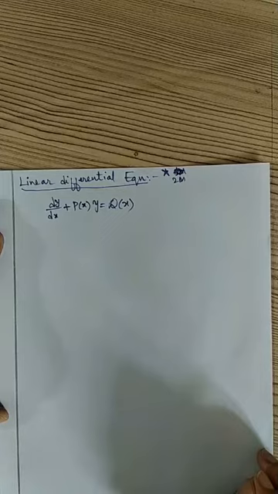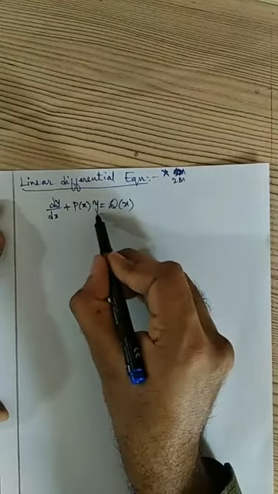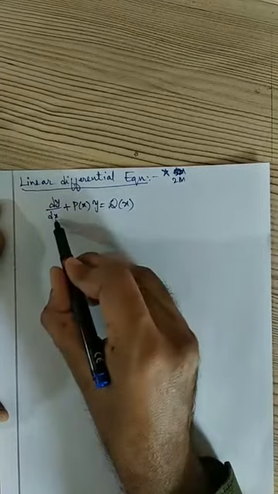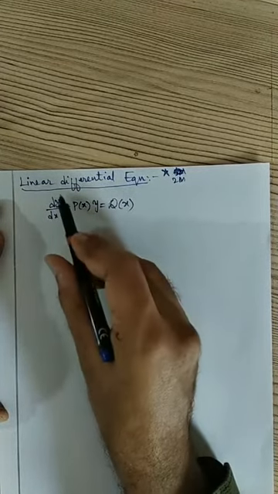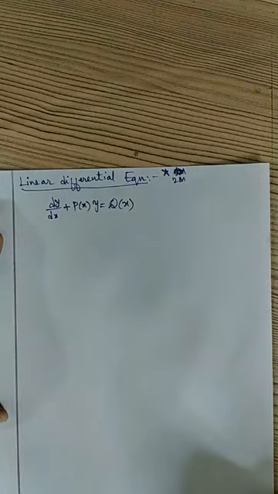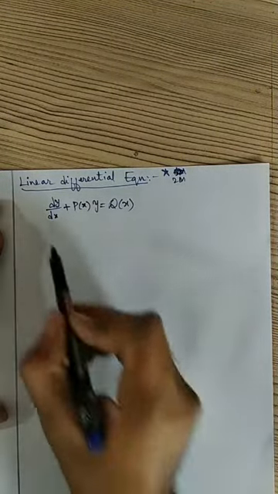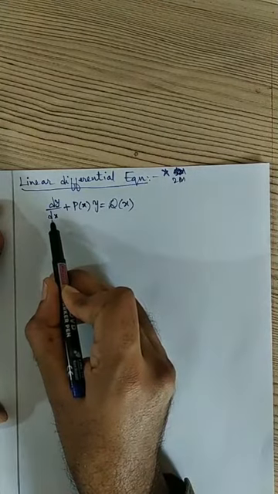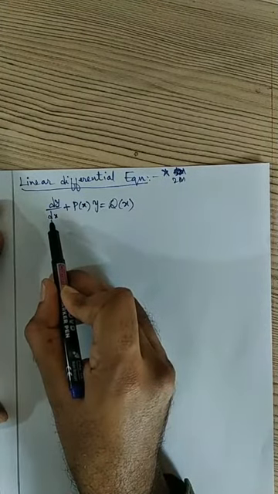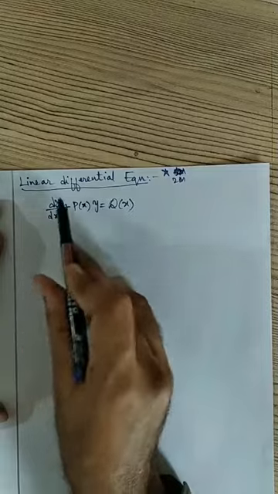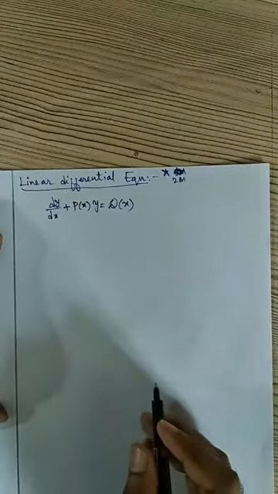If these two conditions are satisfied, then the equation is said to be a linear differential equation. You observe here the dependent variable y and its derivative dy by dx, both are degree 1 and they are not multiplied together. So this equation is called a linear differential equation, and the highest order derivative here is dy by dx. So that's why this equation is called a first order linear differential equation. It is the most general form of a first order linear differential equation.